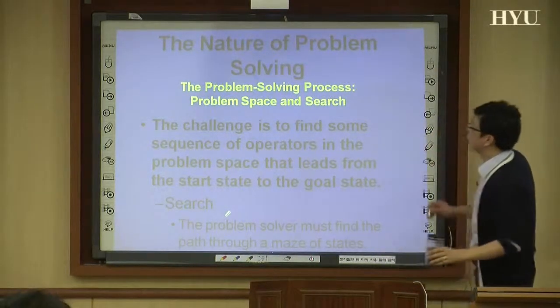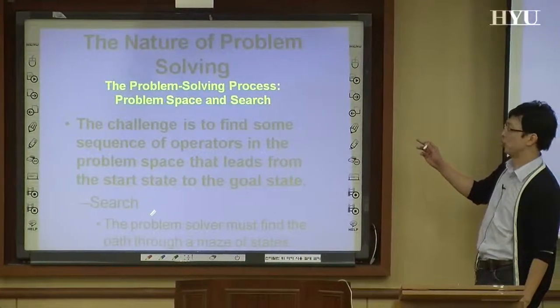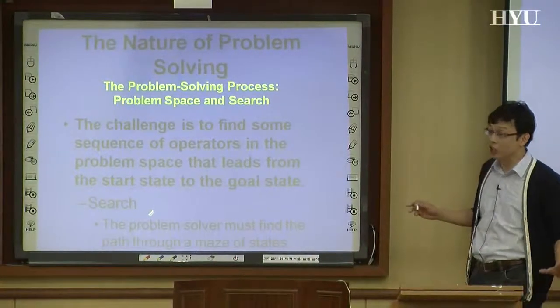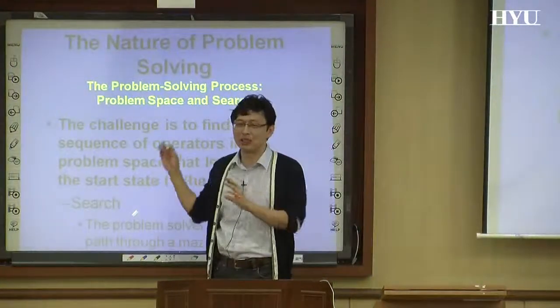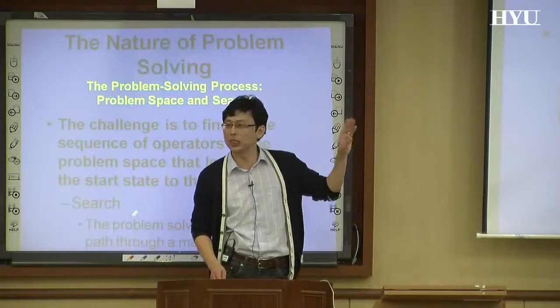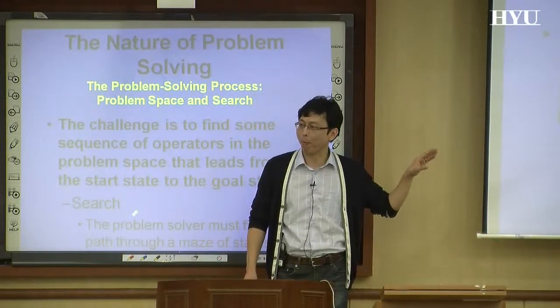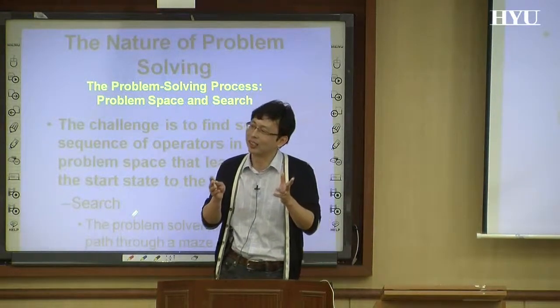When you have the whole problem space made, now people are trying to search all the states. The idea of the traditional AI is that we define all the system states, and then some logic finds the best way.